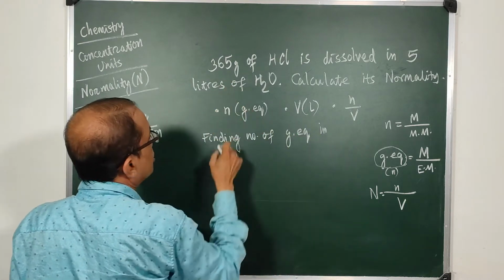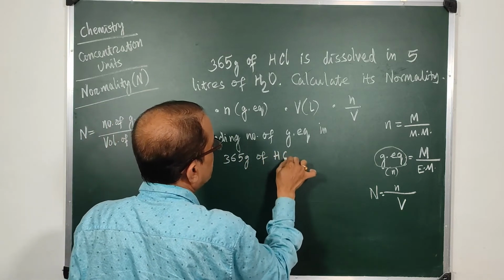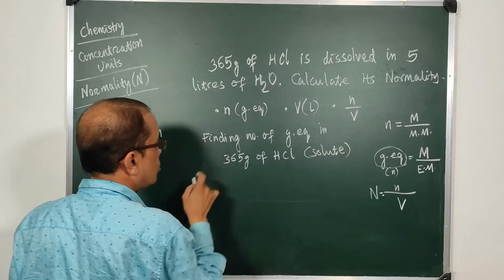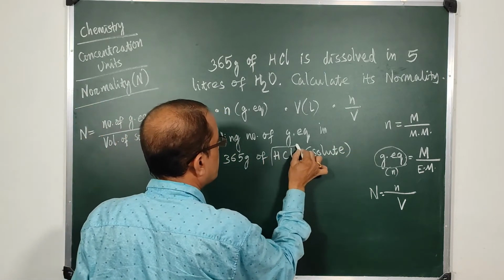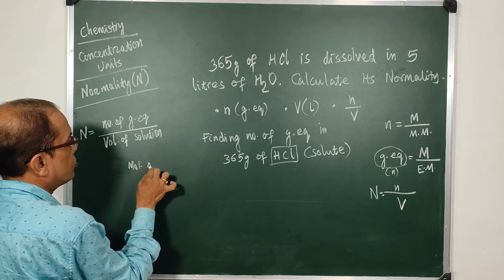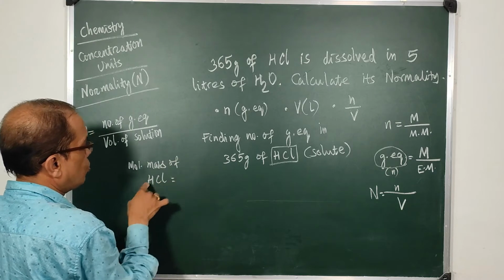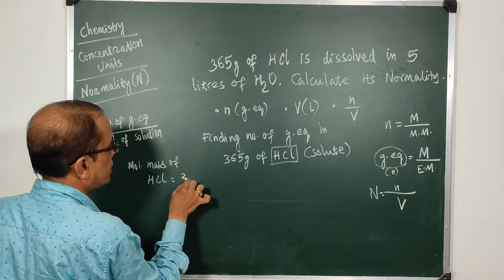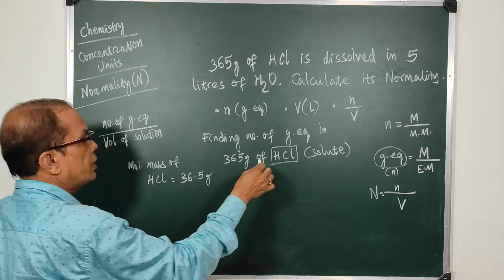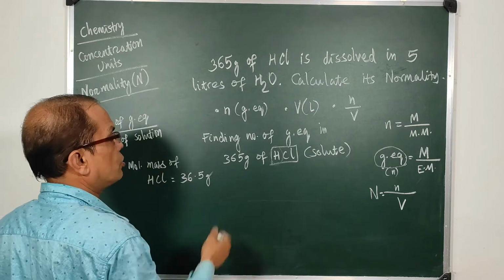In 365 grams of hydrochloric acid, which is a solute, first we have to find its molecular mass. The molecular mass of HCl is 1 plus 35.5, which is 36.5 grams, and you know in an acid we have to find the number of replaceable hydrogen ions.